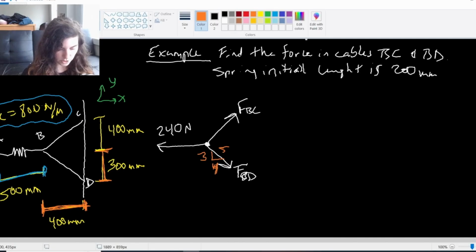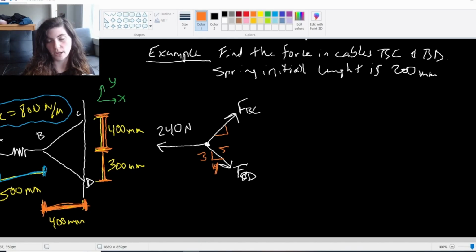And if I look at my upper portion, my 400 is still here in my x direction. But now I have a 400 here in my y direction, which is telling me, since both sides are the same length, that I'm dealing with a 1, 1, square root 2 triangle, a 45-degree triangle, which you can feel free to write in either way.